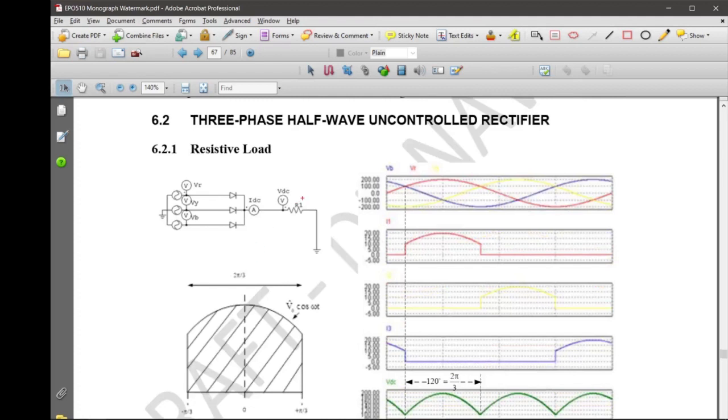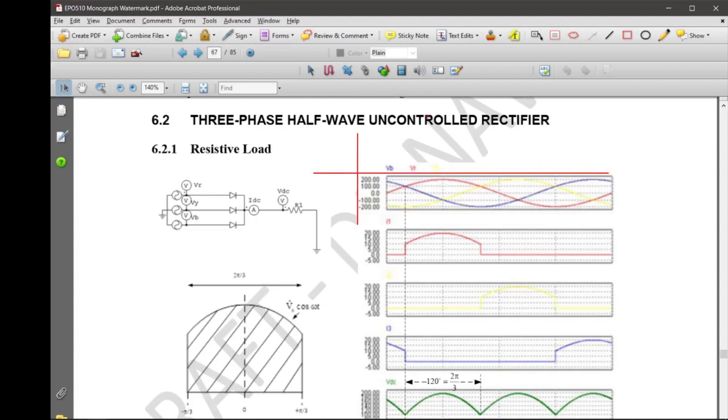I hope by now you know how to draw the three-phase supply voltage. This was discussed during the very first class, where I showed you the technique to draw the three-phase supply voltage, V red, V yellow, V blue.